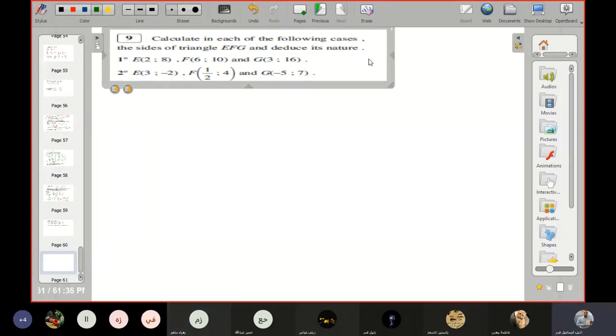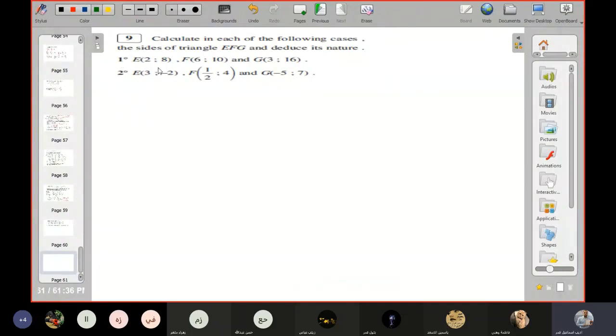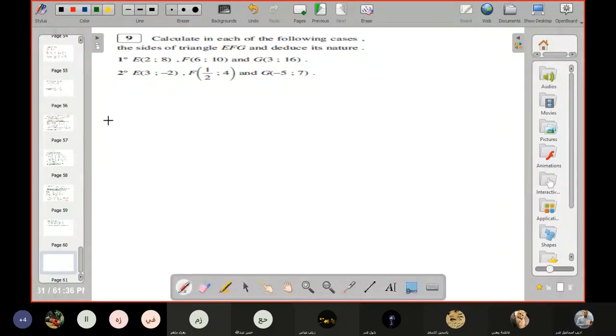Here if we have the coordinates E, F and G, can we find the length of the segments, or the measure of the sides?